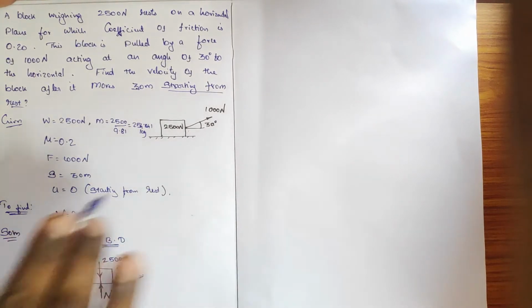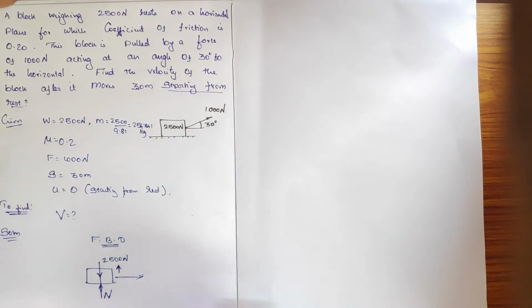Since it is moving something like this, horizontally right and vertically up. If I designate the force, I can say 1000 cos 30° is the horizontal force, and 1000 sin 30° is the upward force. So the normal reaction is here.